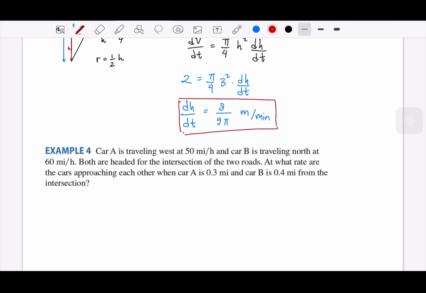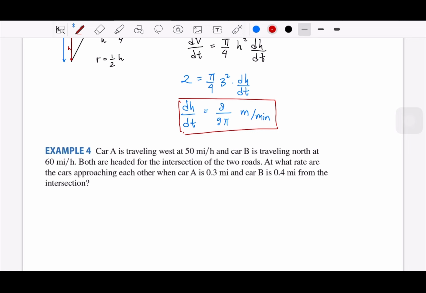So this is a car. We have two cars that are traveling and supposed to meet at some point, and it's asking at what rate are the cars approaching each other when car A is 0.3, car B is 0.4.